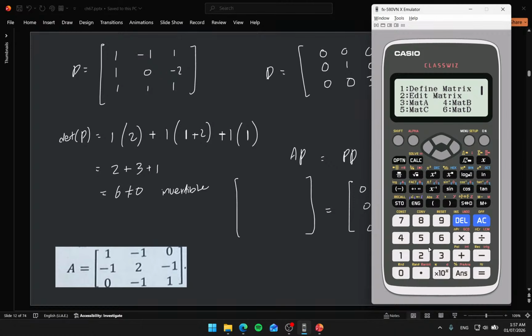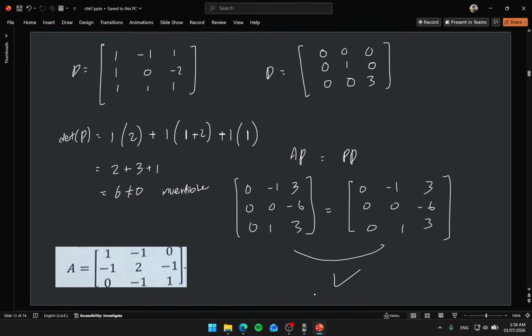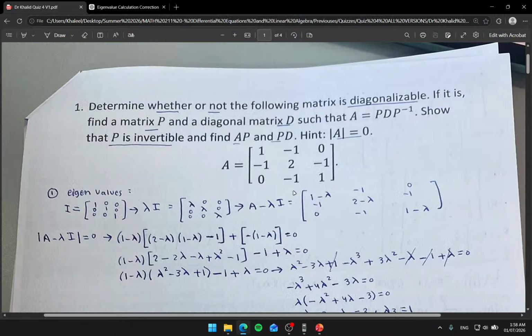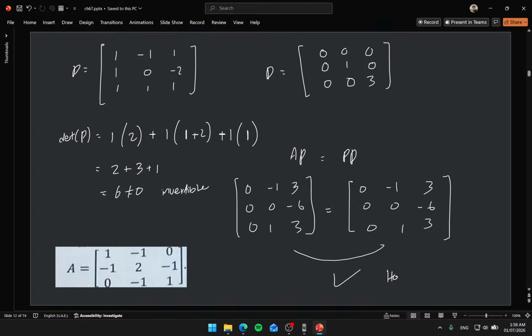And we do matrix C times matrix P, which is matrix A times P. So that's 0, 0, negative 1, 3, 0, 0, negative 6, 0, 1, 3, which is the exact same. So that's finding this. Hence, A can be written as PD P inverse.